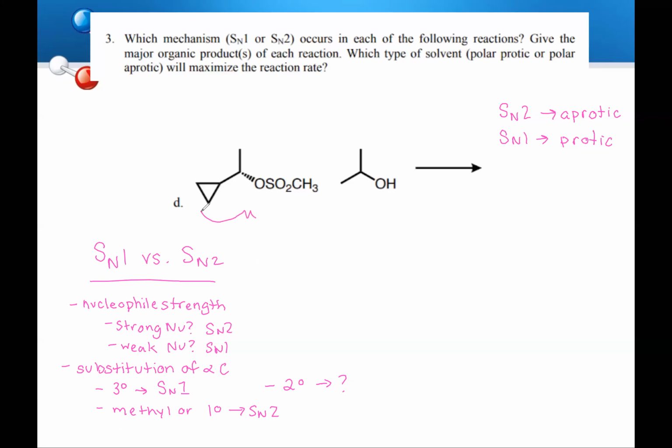So why do you say that's a good leaving group? Yeah, perfect. That's excellent. So the reasoning was that if a leaving group looks like sulfuric acid, it will be a good leaving group. And that's definitely true.